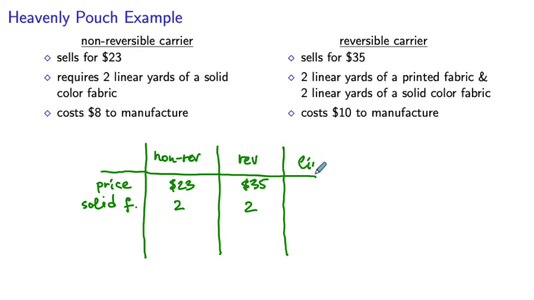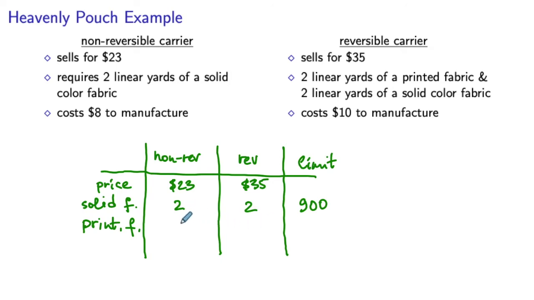Let me call it a limit. So the resources are limited and the limits will be specified in this column. So we have 900 linear yards of solid color fabric available. So here we have 900. And then we have the printed fabric.